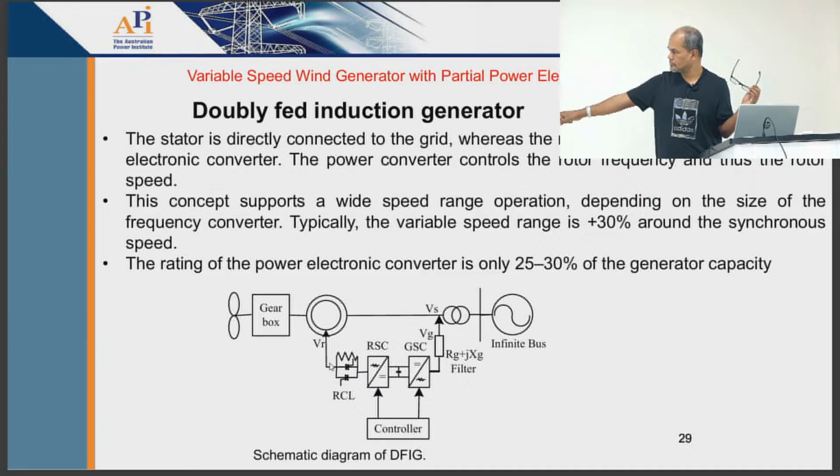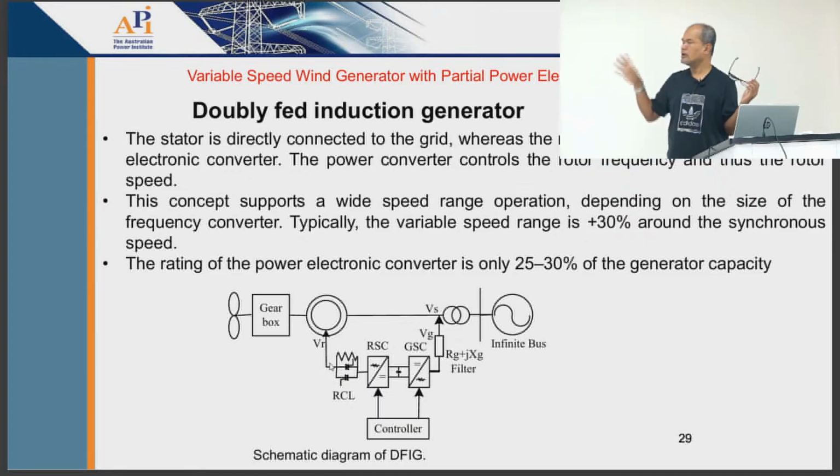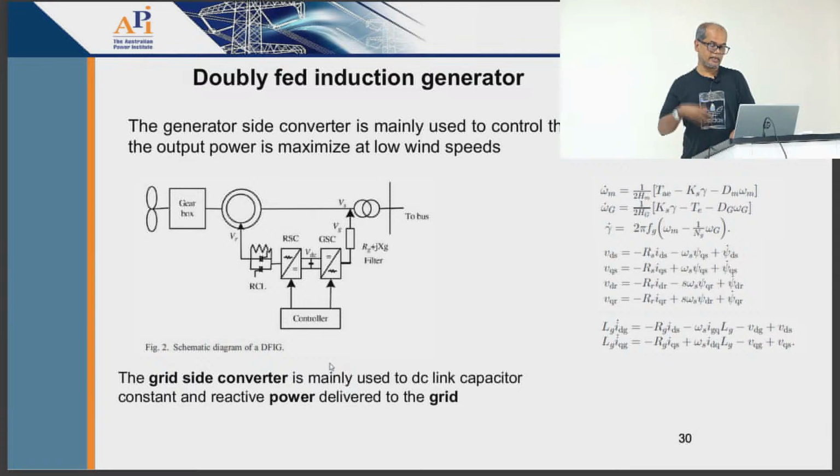So that's the reason we only use 20 or 25% capacity. You don't have control over 100%, but still you have control over 20 to 30%. So that's still good enough to provide both frequency and voltage control functions.